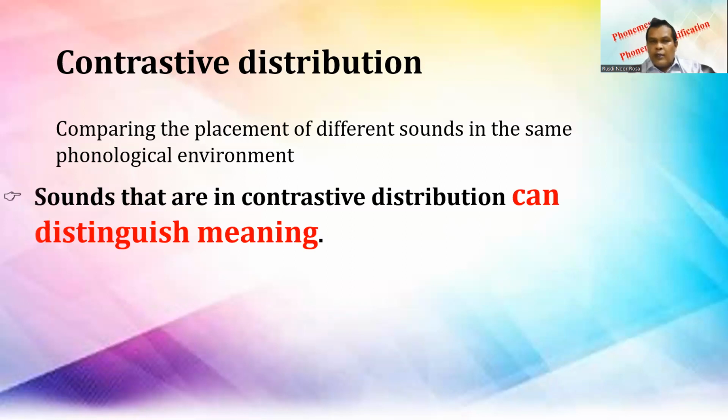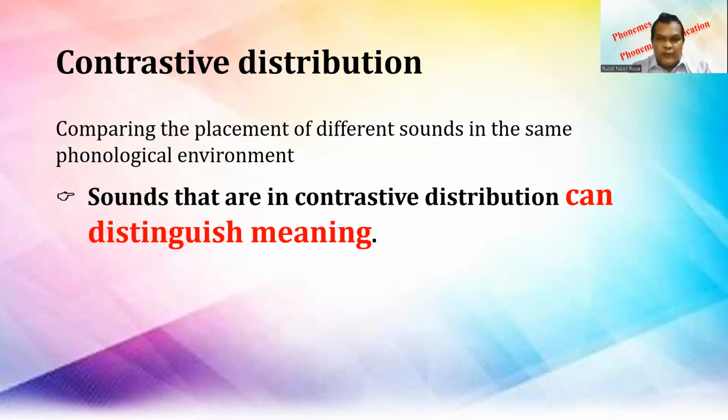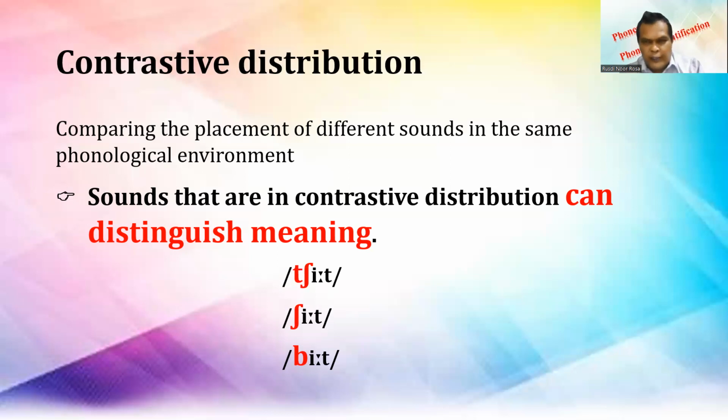Contrastive distribution implies that the sounds that are in contrastive distribution can distinguish meaning. In other words, the sounds that are in contrastive distribution are phonemes. So when we examine that sounds are in a contrastive distribution, we can say that those sounds are phonemes.